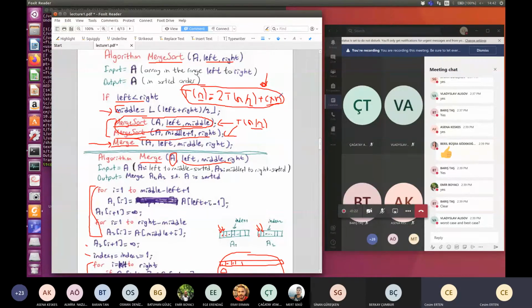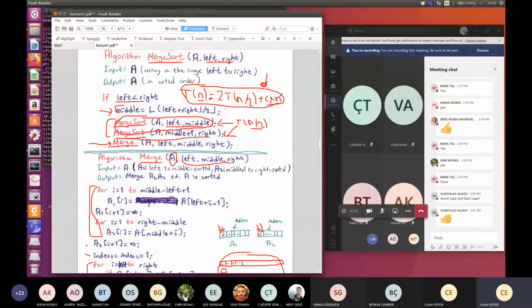So this is not the answer, but this explains something else. It explains to us that merge sort has a single type of running time analysis. It doesn't have worst case, best case analysis. No matter how the input is organized, this will be the recurrence describing its running time.